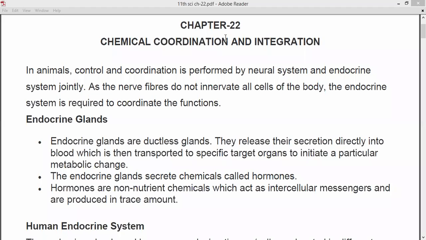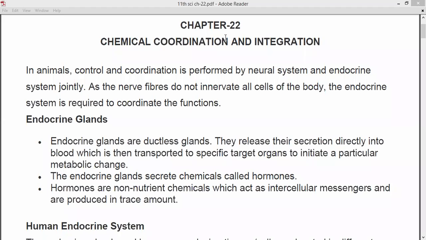There are two main types of glands found in your body, the exocrine glands and the endocrine glands. Exocrine glands are said to be duct glands, right? Why? Because they have specialized ducts in which they pour their secretion. While the endocrine glands are ductless glands, which do not have specialized ducts for pouring their secretion.